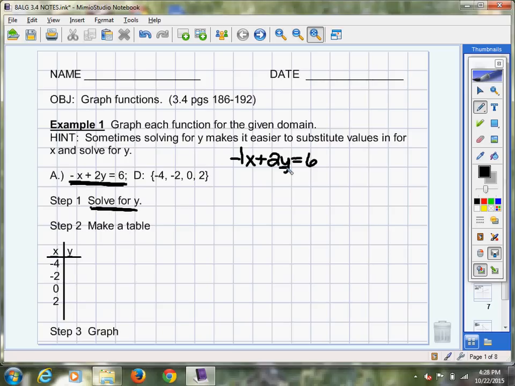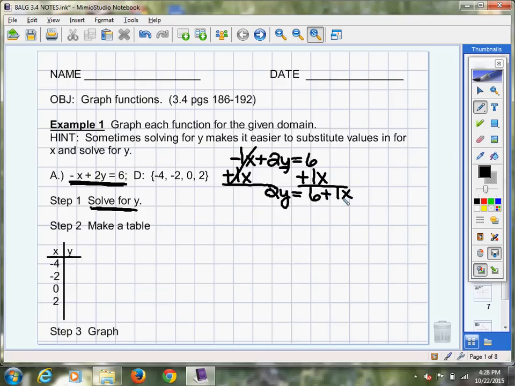So we have negative 1x. How do you undo a negative sign? You want to physically remove that x term all the way over to the other side. Hopefully you're saying, I want to add 1x to each side, and you would be correct. That would cancel out, leaving me with 2y is equal to 6 plus 1x, or you could just write x.